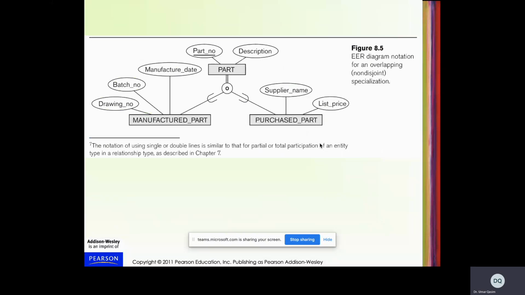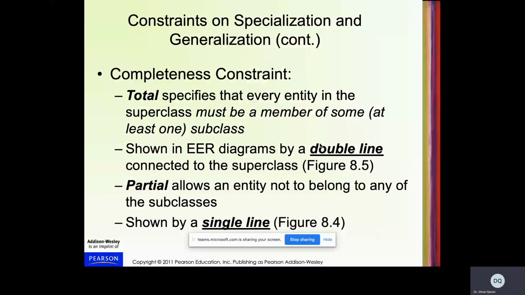Then that employee won't be participating in any of these subclasses. But in this case, a part with part number and description must be a manufactured part or a purchased part, or both. So in this case, we have a double line, and also we have an o in between. So this is the double line versus single line I showed you earlier.